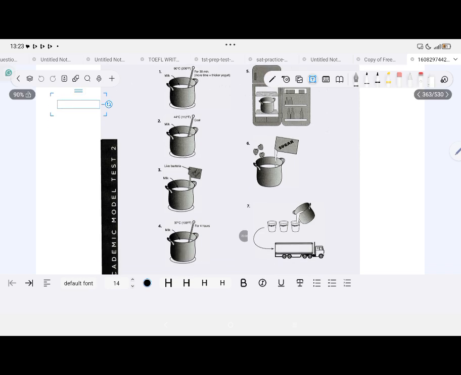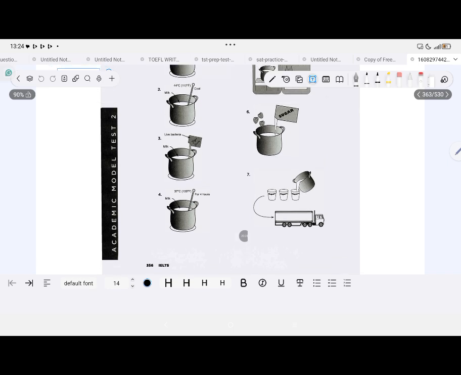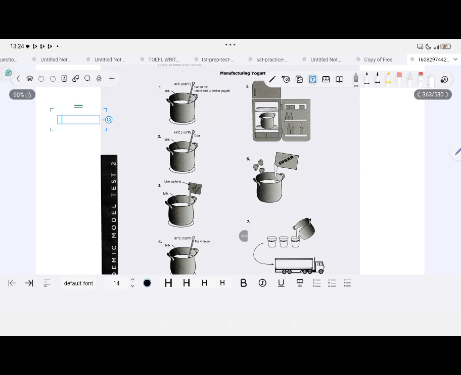Number six, you add sugar, and from what I can see there, fruits. I think those are three pieces of strawberry. Number seven, you pour the yogurt, the result, into buckets or into cups, and then they are shipped to wherever it is needed. So what do we do?